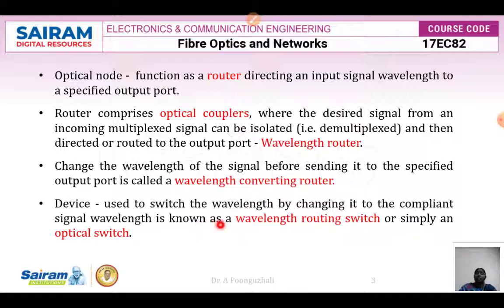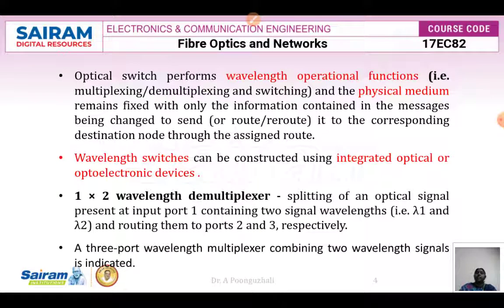Next, suppose I use a device that switches the wavelength by changing it to the compliant signal wavelength. Then we call it a wavelength routing switch, or simply an optical switch. Your optical switch basically performs wavelength operational functions, which are multiplexing, demultiplexing and switching.